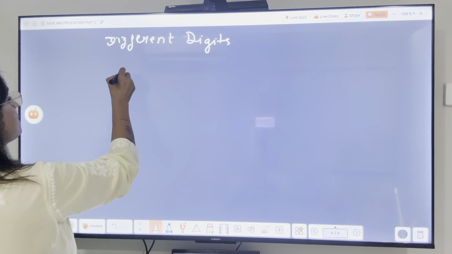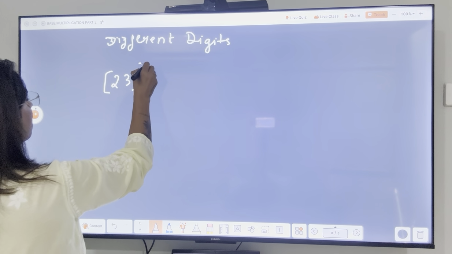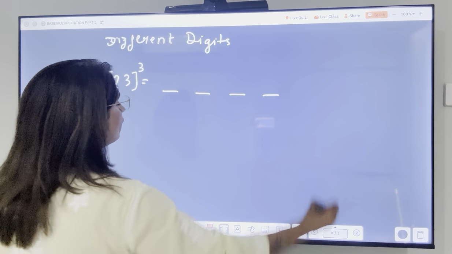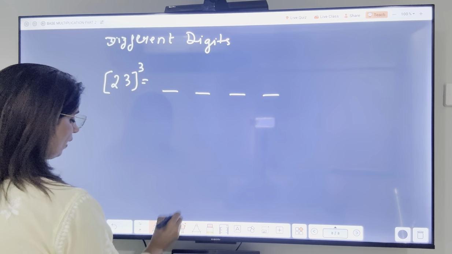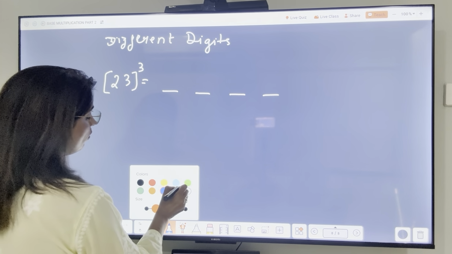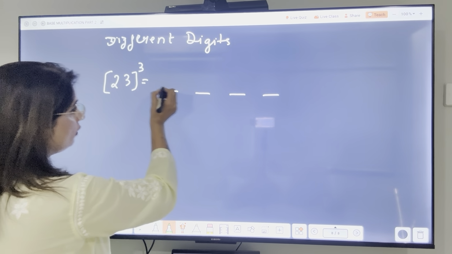Okay, now basically let us try to cube 23. Again, 1, 2, 3, 4. Now, in the first place, I'm going to write here what to write in the first place, so you can see easily and understand what I'm going to write here with a sequence.